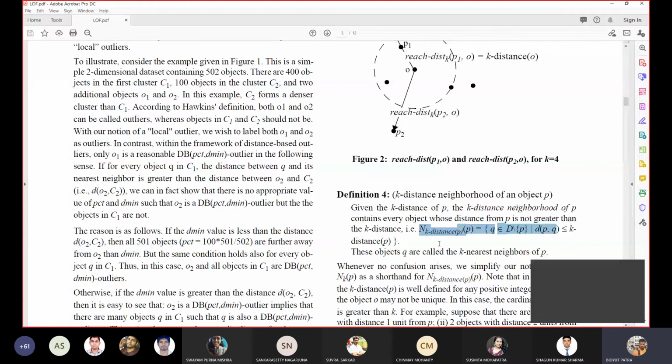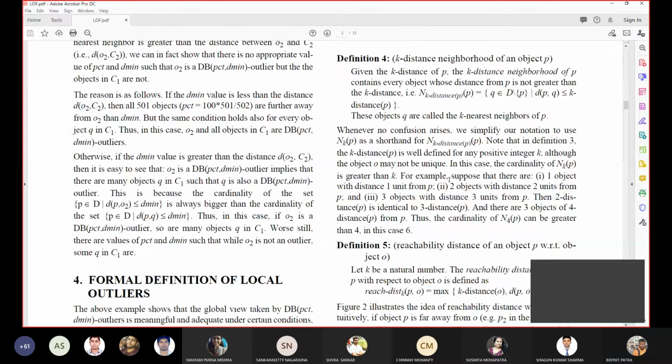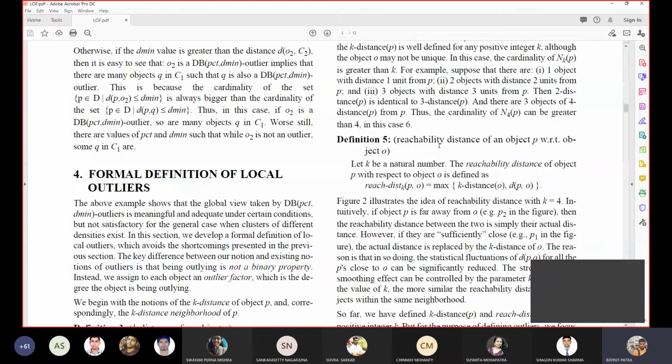K-dist means the distance from the point to the kth nearest neighbor, and all neighbors within the k nearest neighbors form the N_k-dist(P). Now we have to define the reachability distance of object P with respect to object O. The reach dist of a point P with respect to O is the distance from the point to O, otherwise the k-dist of point O. That is reach dist.